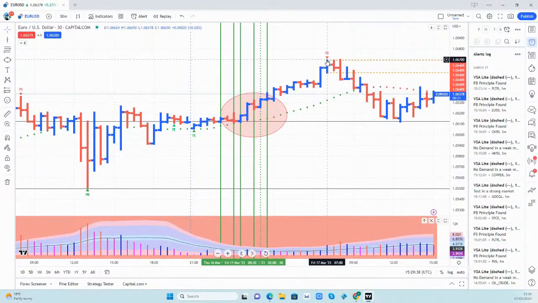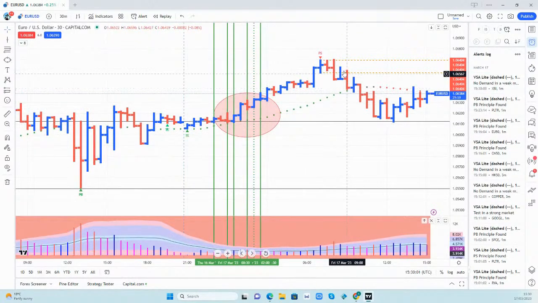If you want to close your trade when you see PS, you could do so as well. It's up to you. But I sometimes put it there. I make enough profit. I put it on the bottom trigger line purely because sometimes you get PS appearing and we've got strength behind us and it doesn't come down.